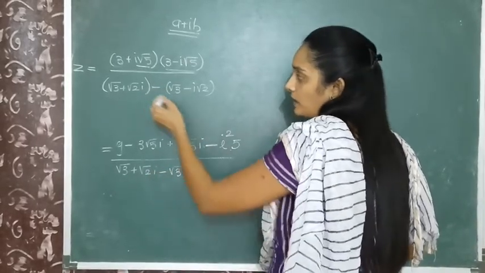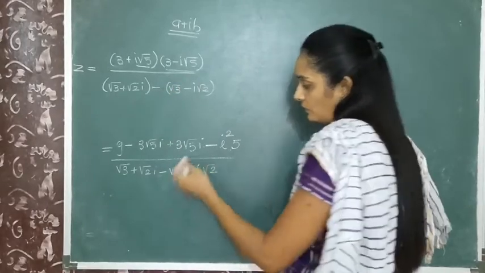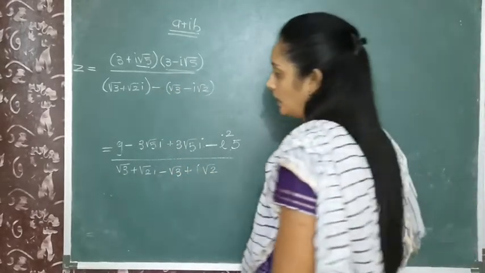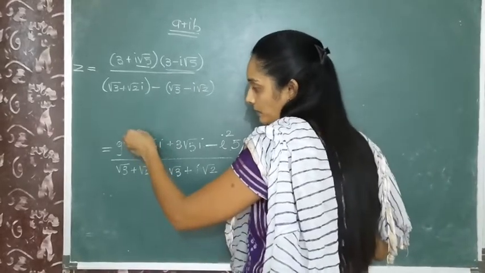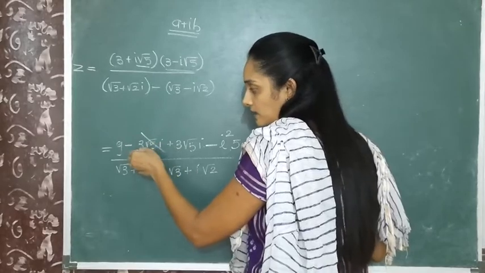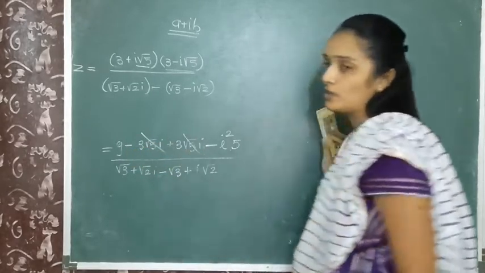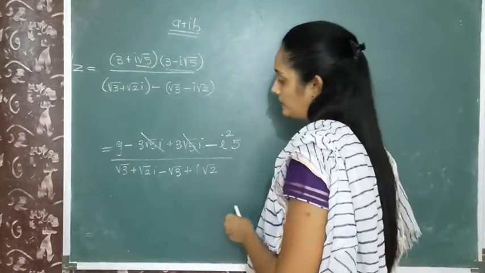When we open the bracket, minus minus plus i root 2. Okay. In the numerator, you can see minus 3 root 5i plus 3 root 5i, like terms. So they are cancelled, cut.